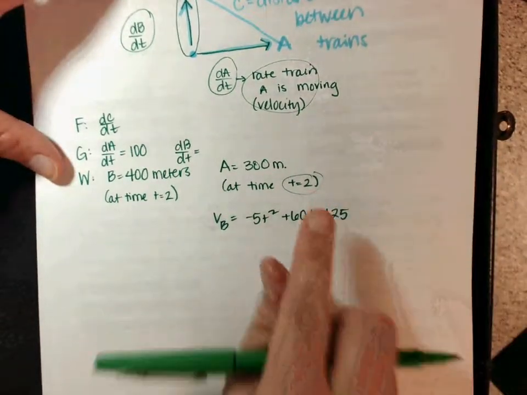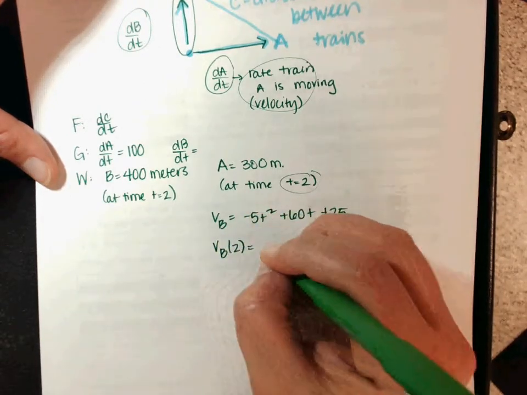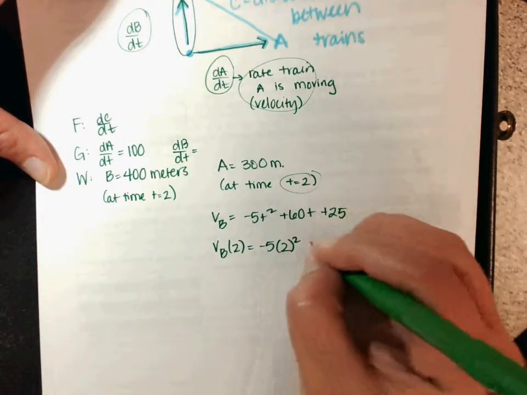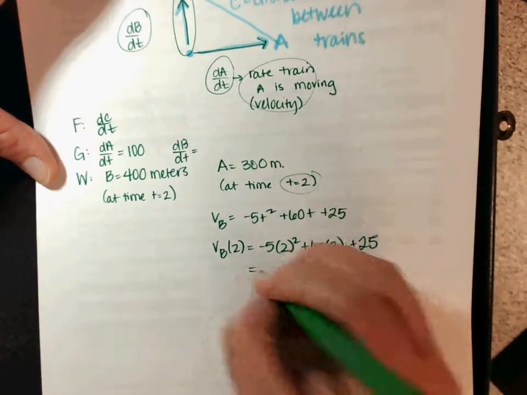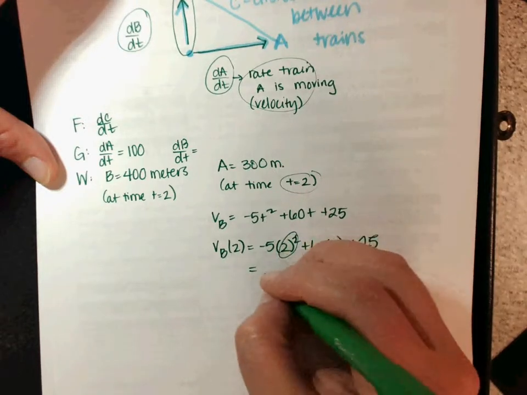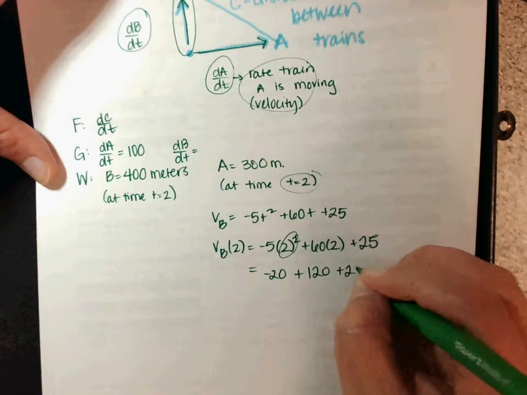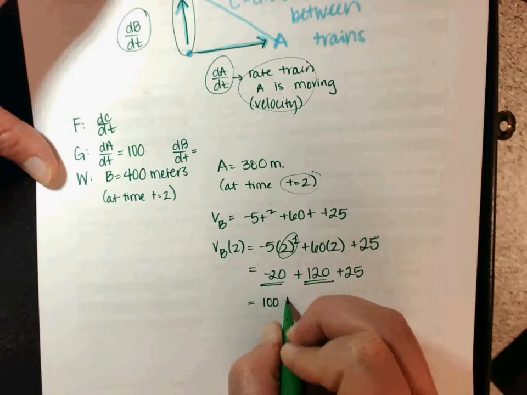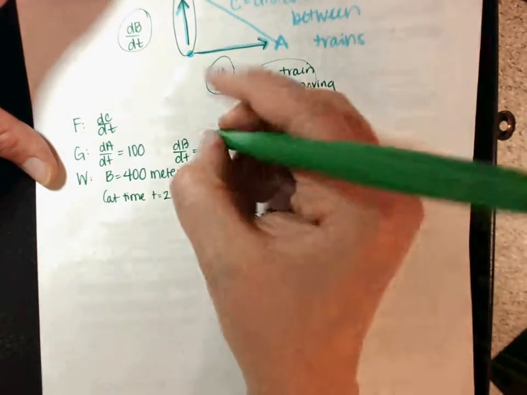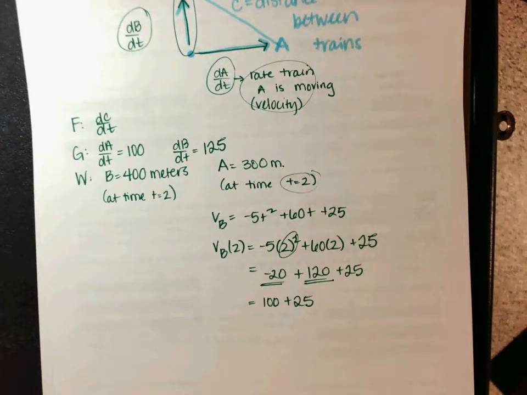And then I need to take my 2 and plug it in. So, velocity of train B at 2 is negative 5 times 2 squared plus 60 times 2 plus 25. Well, 2 squared is 4, so that's a negative 20. 60 times 2 is 120. And then negative 20 plus 120, that's 100 left over, plus 25 is 125. Kind of annoying, a little bit of extra work. It would have been nice if they'd just given us a table, but they didn't.